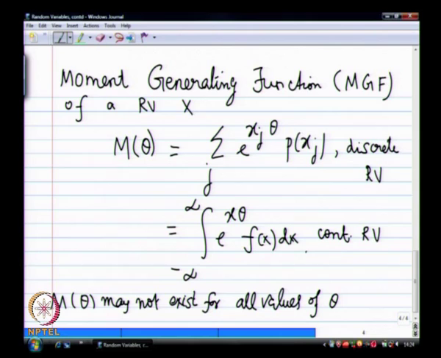For most of the cases that we look at, we can derive this MGF in those cases. Okay. Yeah. Questions? So far definitions only. Okay.